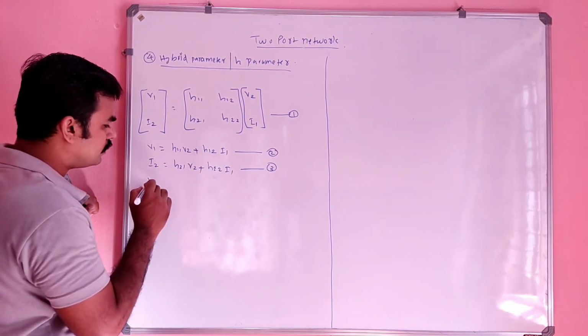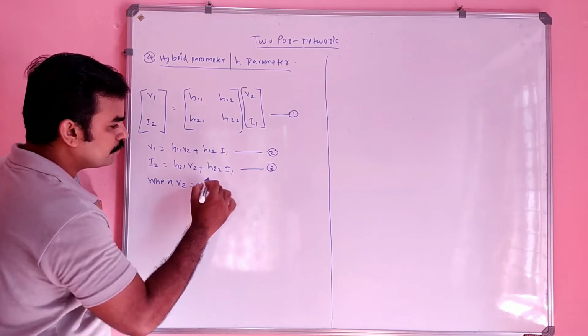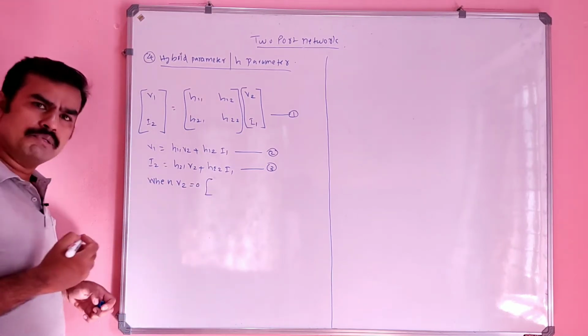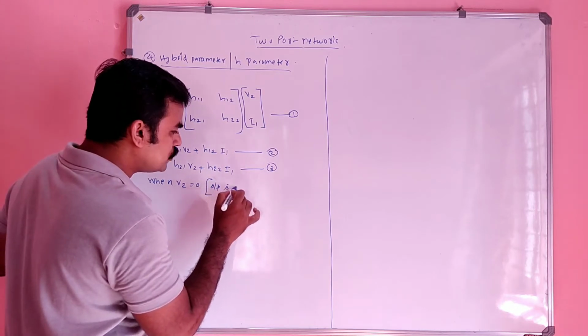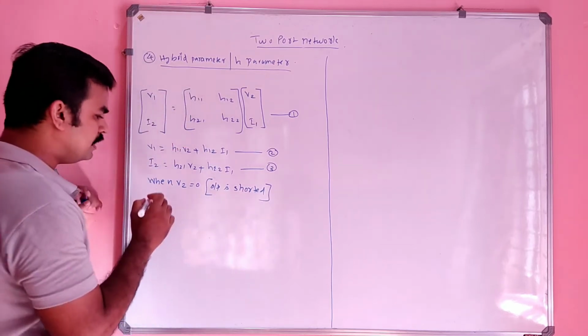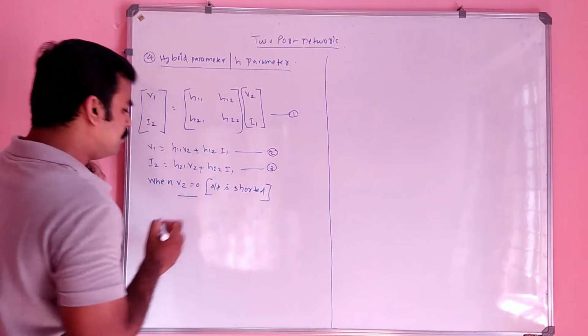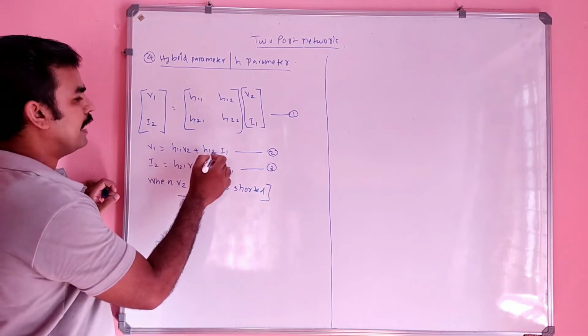First I am taking V2 equal to 0. What is the meaning of V2 equal to 0? Output is shorted, right? So when V2 is equal to 0, what happens here?